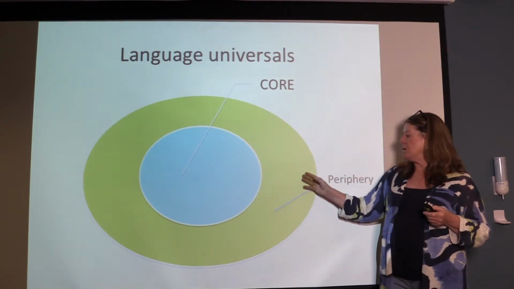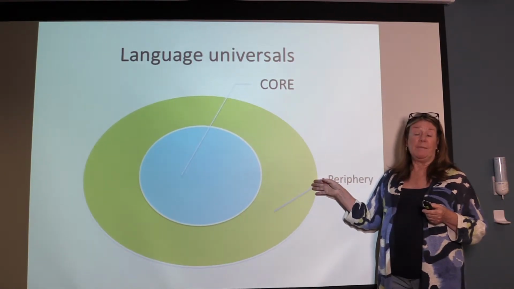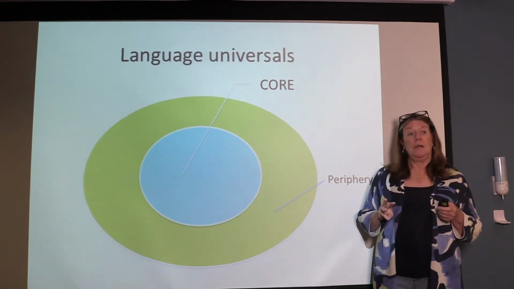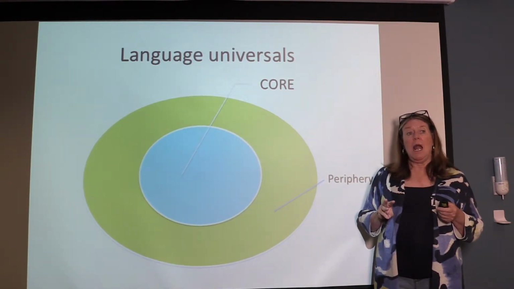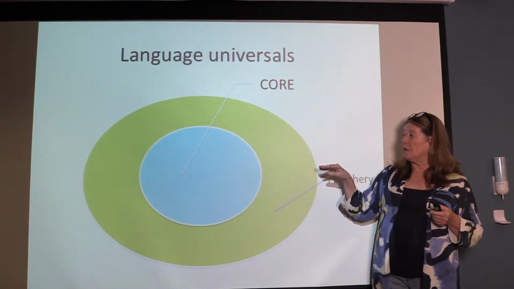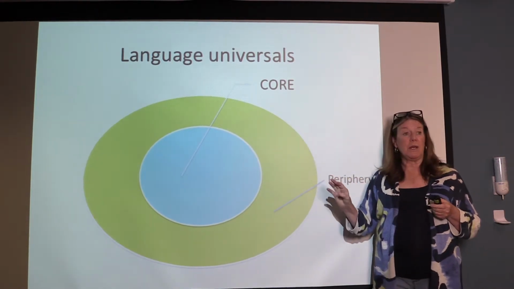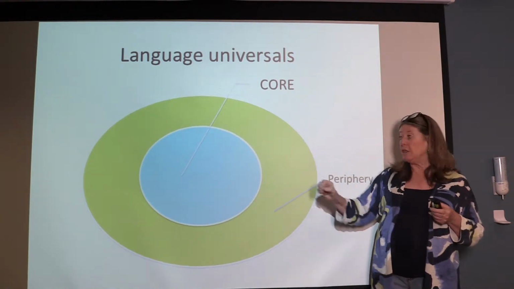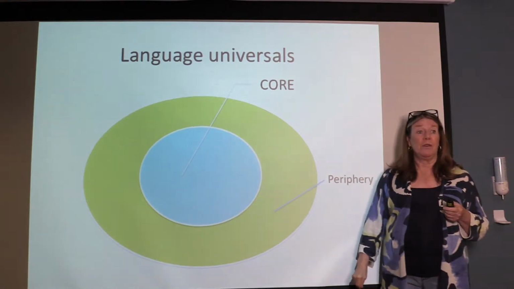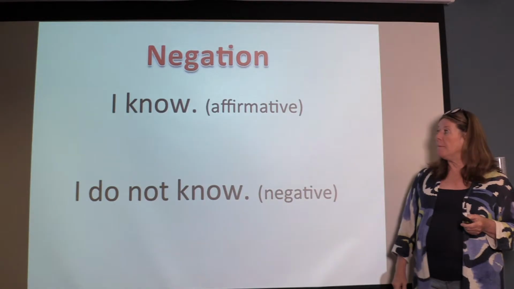And then there are languages that do things pretty weird, and so they're out in the periphery. And so we're going to look at 3 languages. We're going to look at English, French, and Spanish. And we're going to see where, when doing negation in these languages, whether they're in the core or in the periphery. And if you're an English speaker, you're probably cheering for English to be in the core. Nice core thing. Turns out English is in the periphery with French. Spanish is in the core. But let's see how that works.